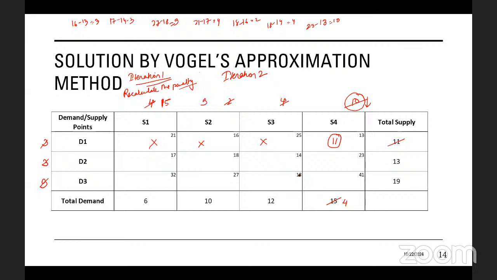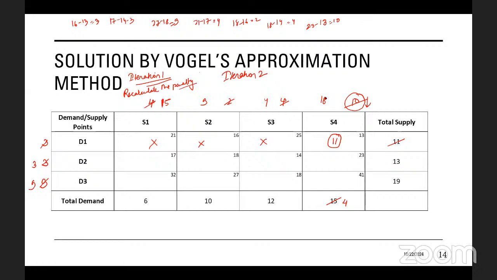In this column, this would be 4, and in this column, this will be 18. In this row, there will be no further allocation. In this row, the least is 14 and the next least is 17, so 3. And in this D3 row, it will be 18 minus 27, which is 9 again.